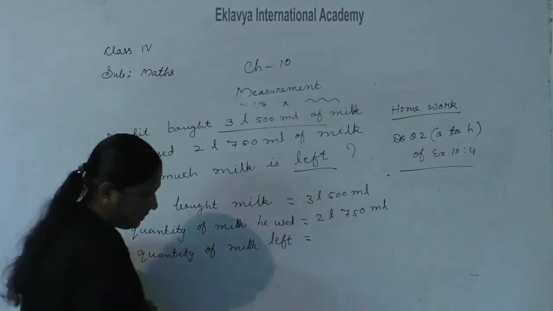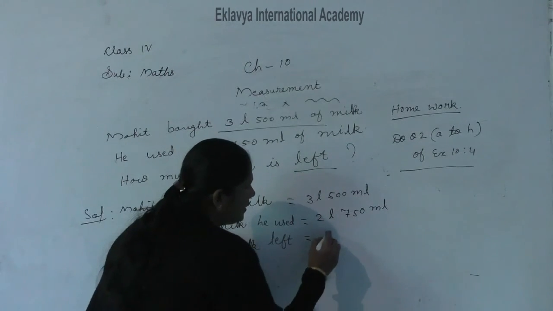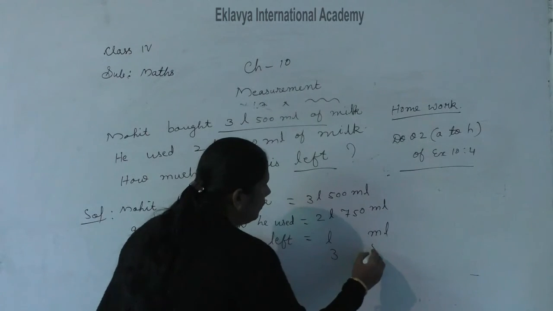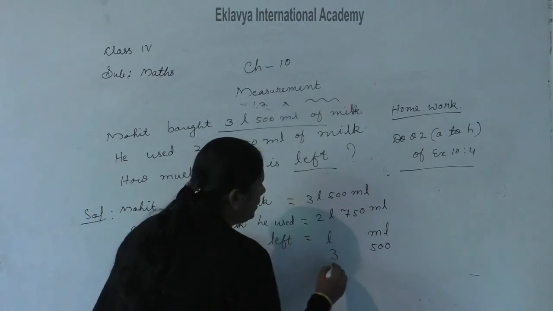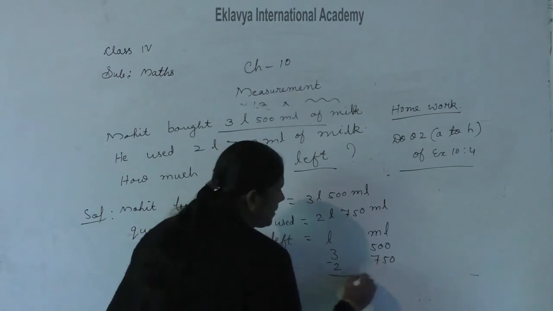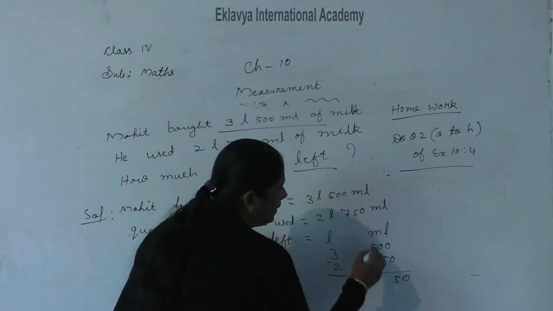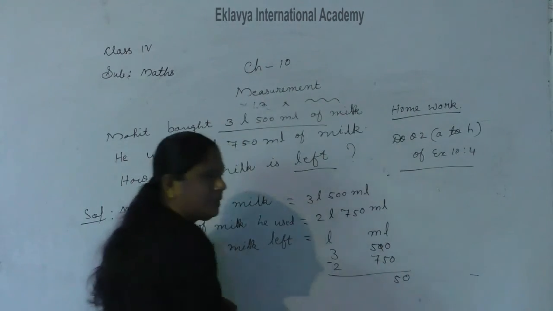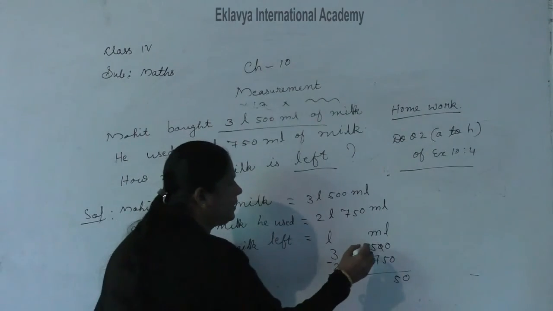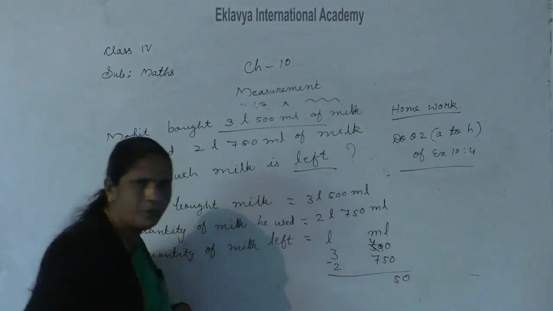you subtract this number, you make it 2 columns, liter and ml, 3, 500, here 2, then 750, then subtract this number. 0, 5, here cut, we take 5 take away from 0, this is possible? No, this cut 4, then 7 take away from 4, this is possible?